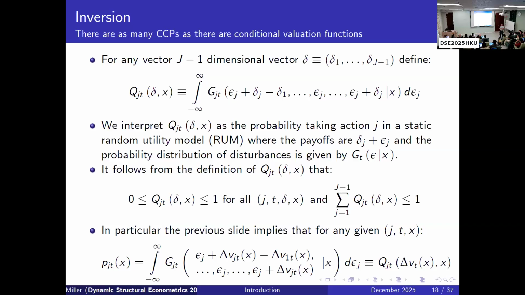When I say can interpret, what I really mean is this is what we would get if we had people facing a static model, delta J plus epsilon J, and they chose the optimal thing, and we were integrating over the epsilons that we don't see. So in that case, we can see that this is going to be between 0 and 1.